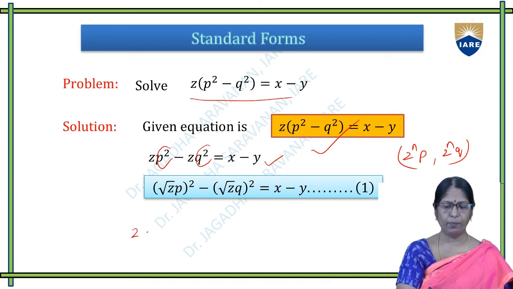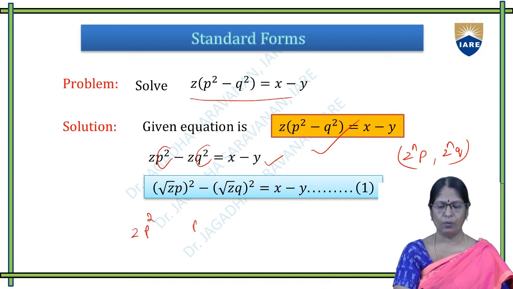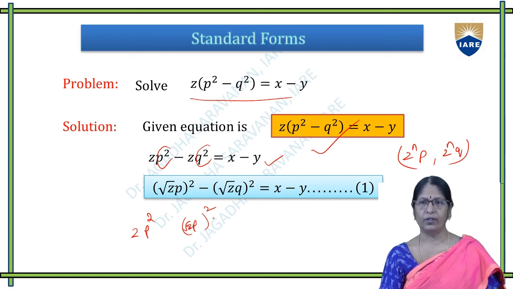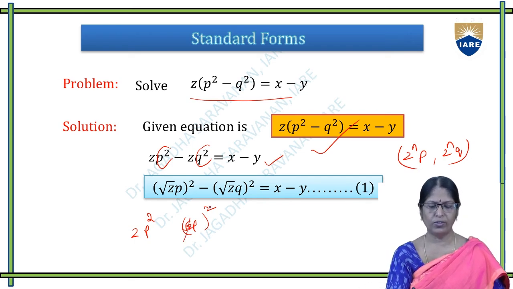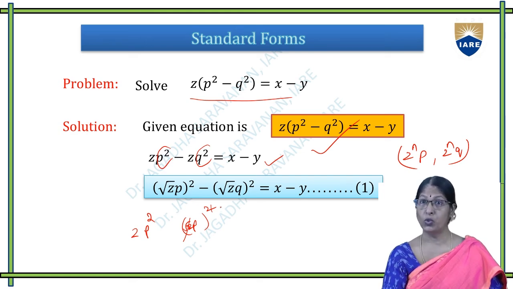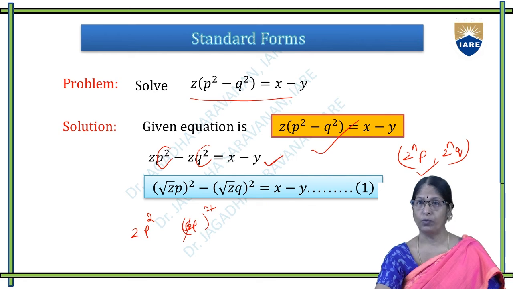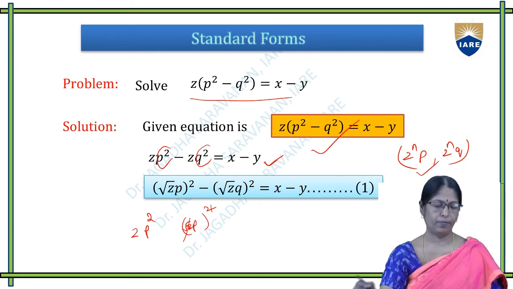That is, zp square is there. We needed P should have power 1 only. So automatically z we can write as root z. So if you simplify, root z the whole square is z, p square is p square. So we did the modification of our equation according to the format of 6. So format is done. We obtained the equation.